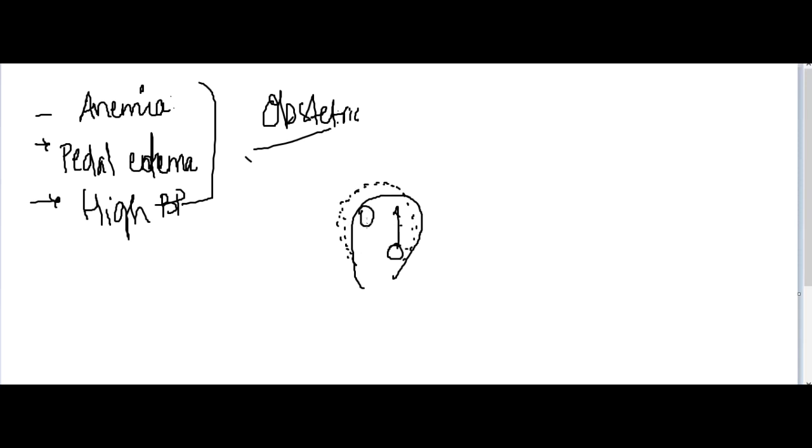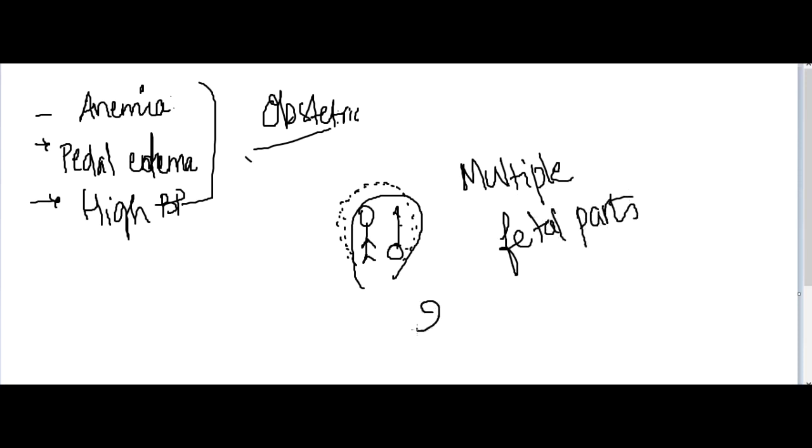The height of the uterus is more than expected. On palpation, you will see presence of multiple fetal parts, you will see presence of two heartbeats, and you will also see a chance of malpresentations. So these are the different things which you see on palpation.